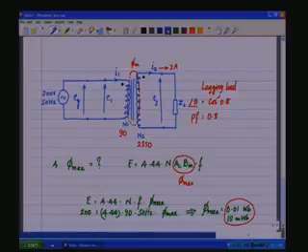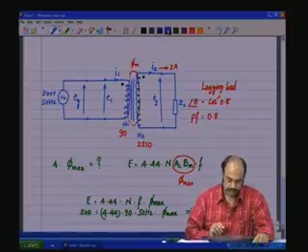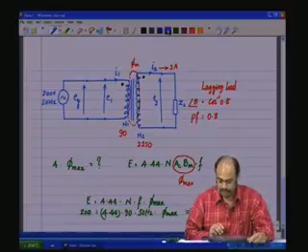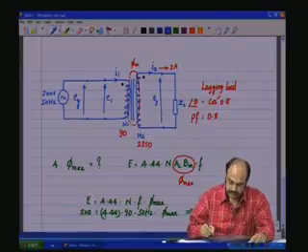So, like this we get the information about the transformer using basically the fundamental law which is the Faraday's law of electromagnetism, and also one more law which is the Ampere's law. Now, let us draw the phasor diagram for this circuit.